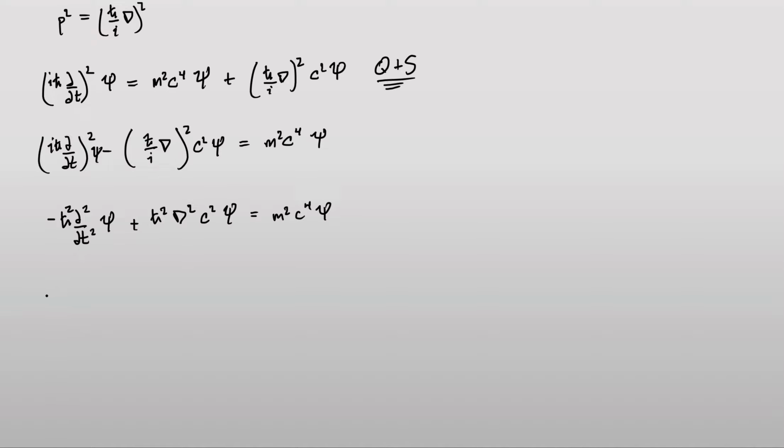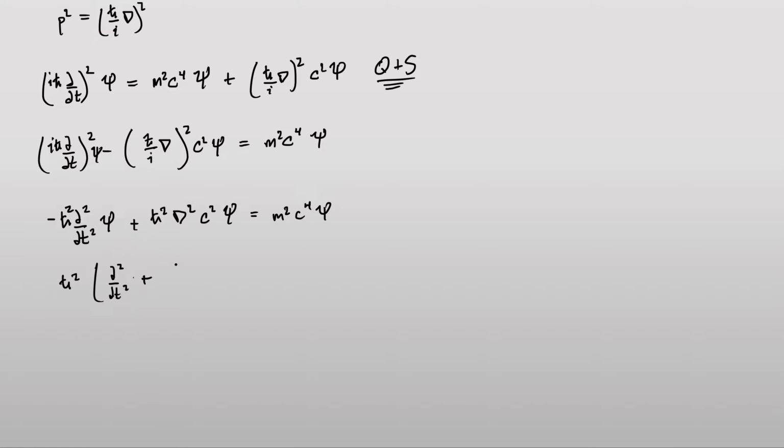So I can take an h bar out. I can actually take an h bar squared out. And what we get is d by dt squared, or not the double derivative, acting on psi, but I'm actually going to take psi out also, because I'll show you why.